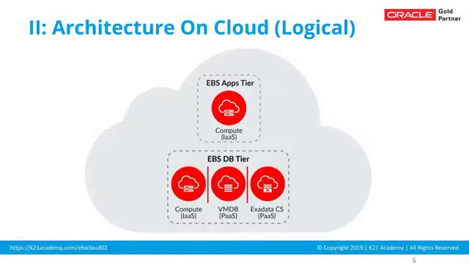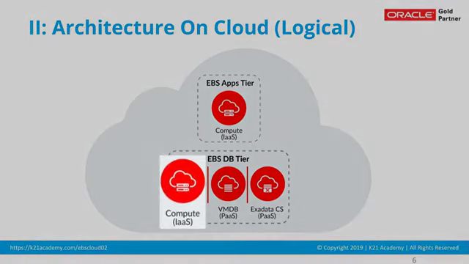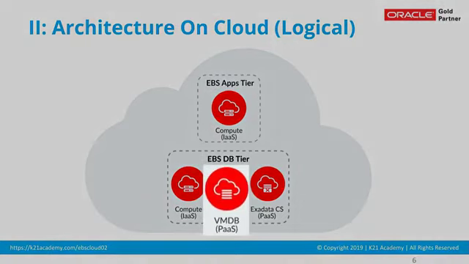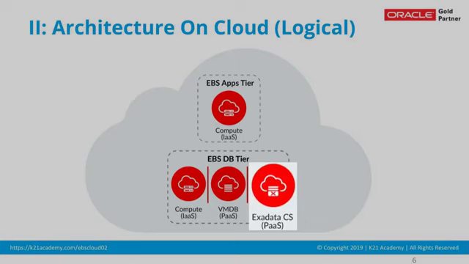So for the eBusiness Suite database tier, you have 3 options. You can deploy those databases on compute, that's infrastructure as a service, or you can deploy them into platform as a service, and within platform as a service, you can either deploy them on a VM database or VMDB system, that's virtual machine database system, or Exadata cloud service.